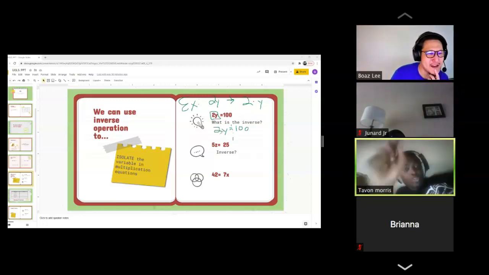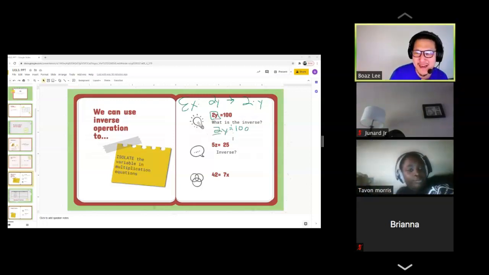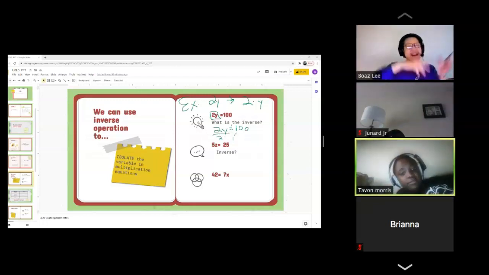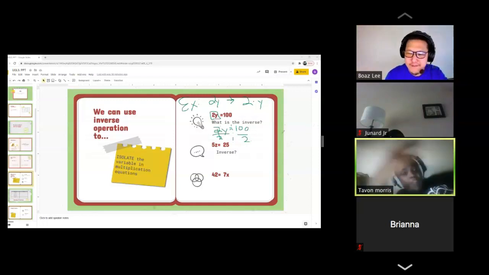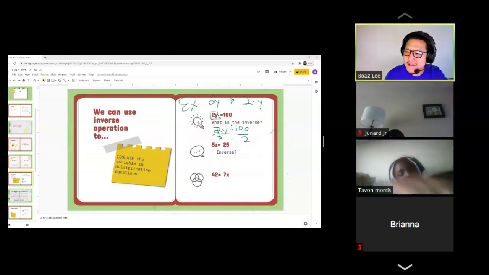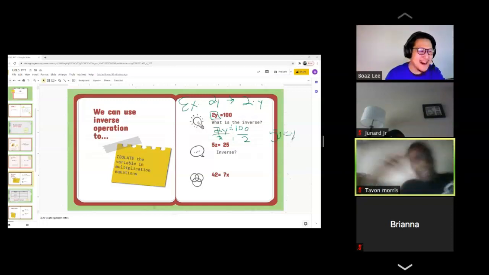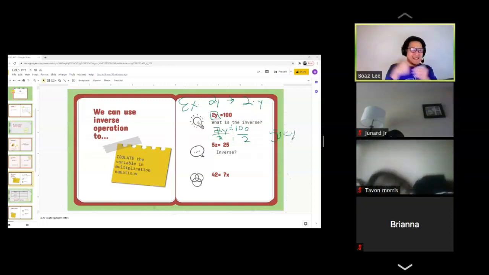What do we have to divide? 2. Hey, so we got to divide 2 from this side. And what we do to one side, we got to do to the other side. There we go. Then you cross off 2. So what's 100 divided by 2? 50. Hey, there you go. Y equals 50. I really appreciate you say y equals 50 because you labeled it.